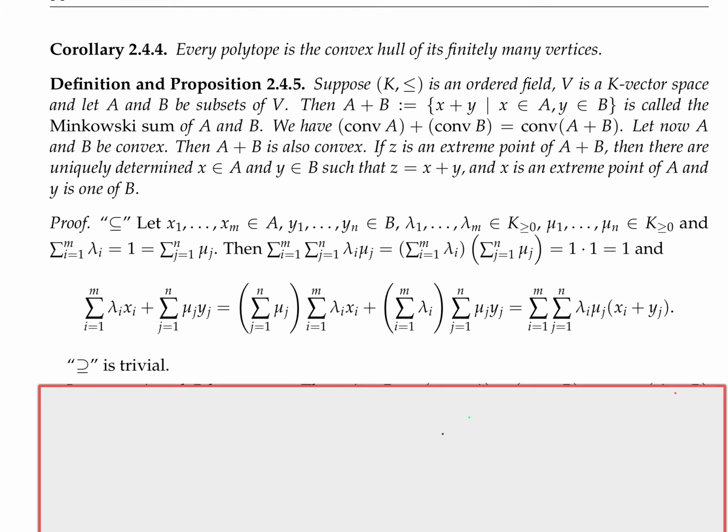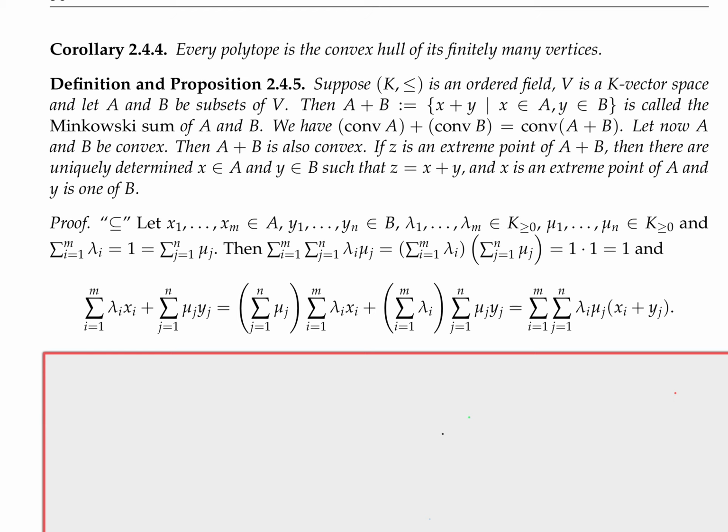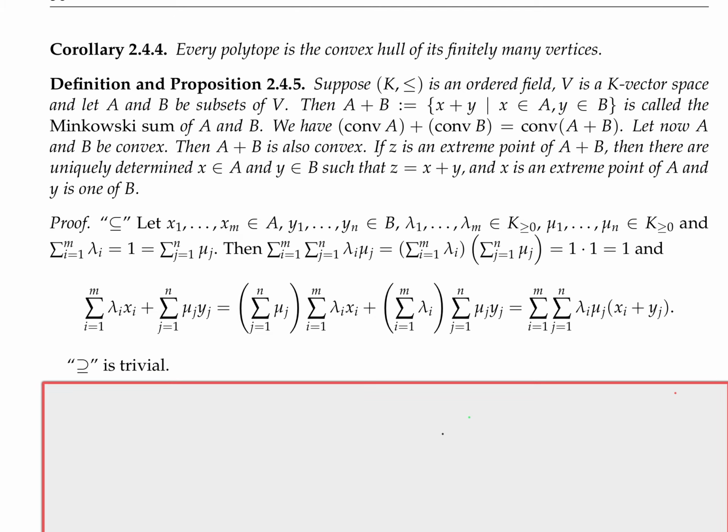And the lambda_i times mu_j are non-negative, and they sum up to 1. That's now a crucial observation, because you see this is just the expansion of this product, and this is 1 times 1 and so on. Okay.